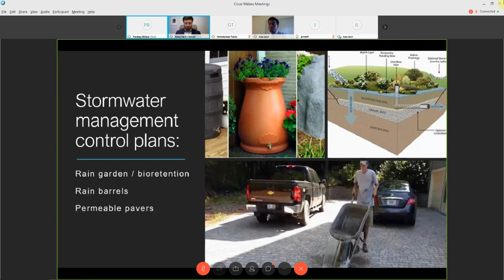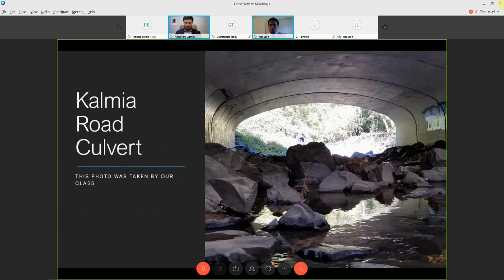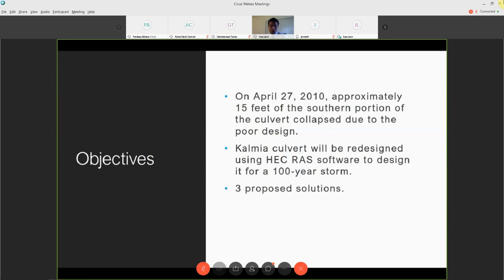Thank you. Hello, everyone. I will be presenting our third project, which was a hydraulics modeling project, where we were tasked to redesign this existing culvert that we took a picture of under new design flows in HEC-RAS, which is a modeling software. We were first split up into subgroups where we designed 3 alternatives and were given a new design flow.